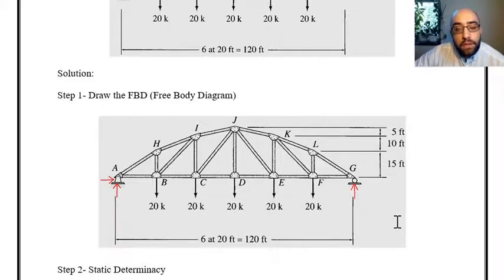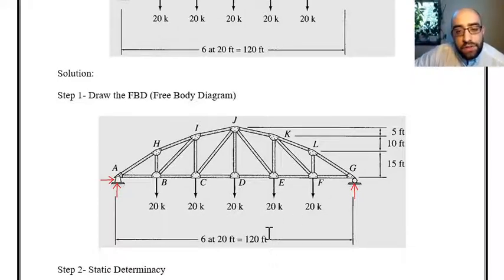There is one important point about this truss which we could use before writing the equations of equilibrium, and that is the symmetric situation that we have. If you just look at the loading and the geometry of the truss, you can see everything is symmetric, and based on that we could simply say AX should be equal to 0 and AY and GY should be the same.